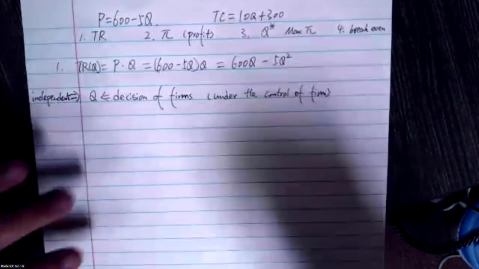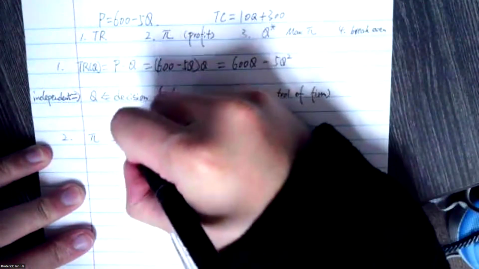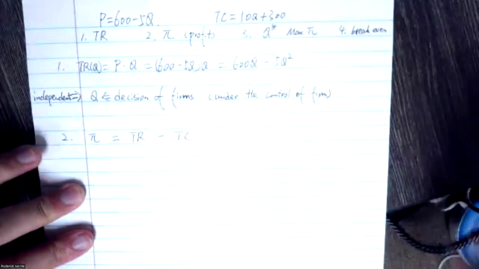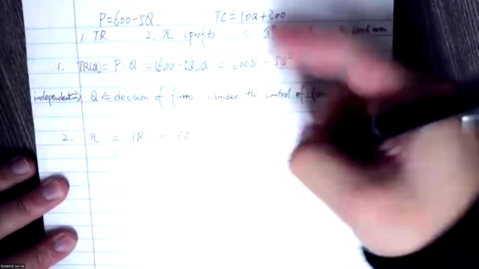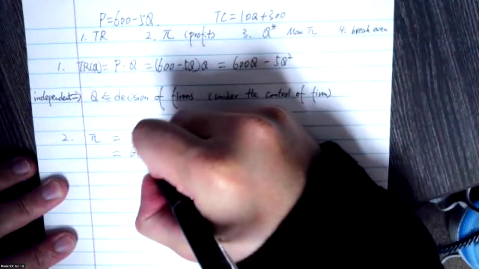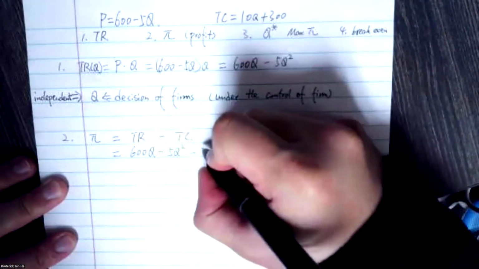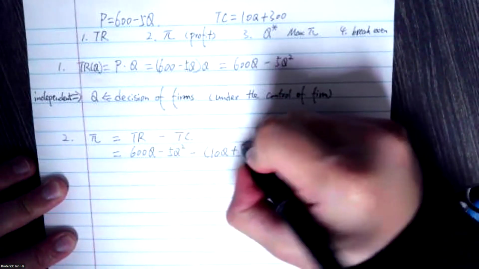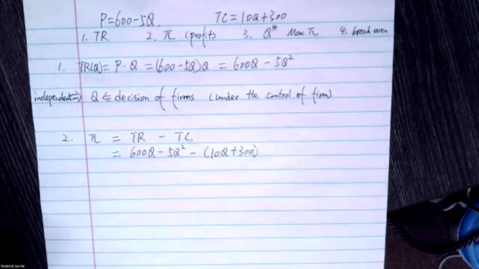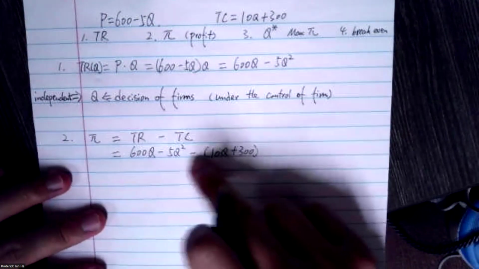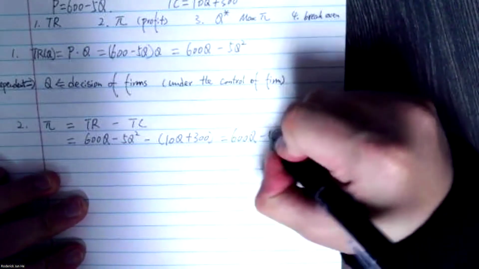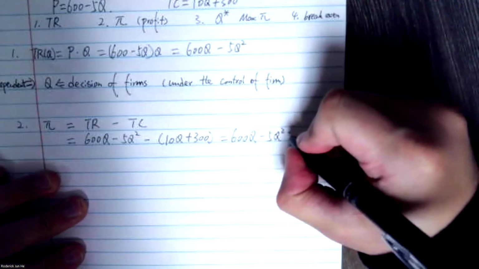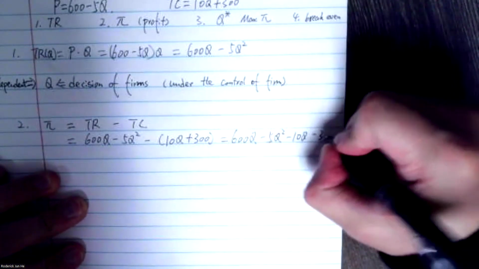That's question 1. Question 2, we're asked to find the profit, and profit is the difference between total revenue and total cost. So total revenue as we found is 600Q minus 5Q squared, minus total cost 10Q plus 300. And we further simplify this by opening the bracket. So we have 600Q minus 5Q squared minus 10Q minus 300.